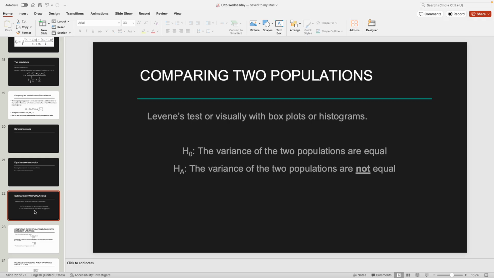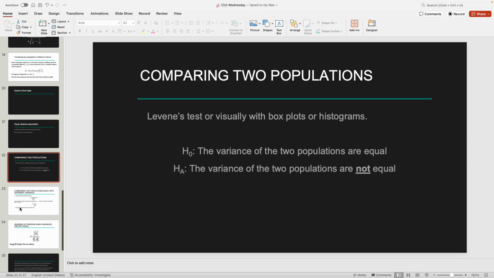You can assess visually with a box plot or a histogram, and then you can do a p-value assessment. This is called Levene's test. In Levene's test, the null hypothesis is that the variances of the two populations are equal. The alternative is that the variances of the two populations are not equal.